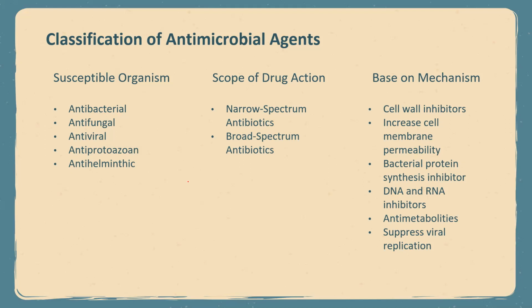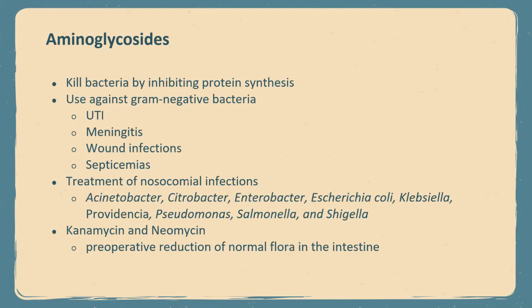Now let's discuss what is aminoglycosides. Remember guys that aminoglycosides, like what I've said a while ago, is an antibiotic that inhibits the protein synthesis of the microorganism. It kills the bacteria by inhibiting protein synthesis.